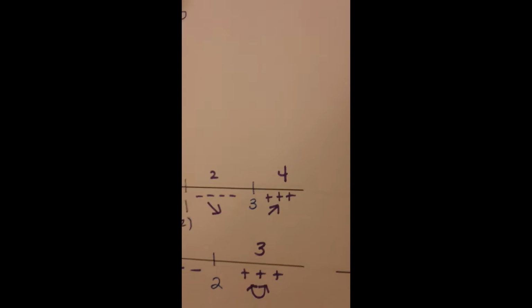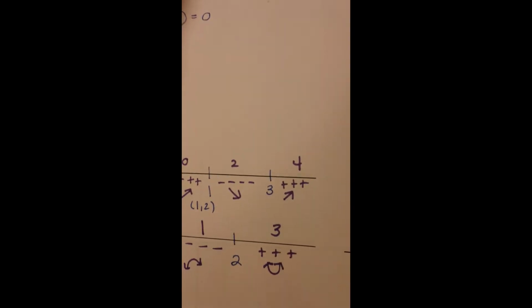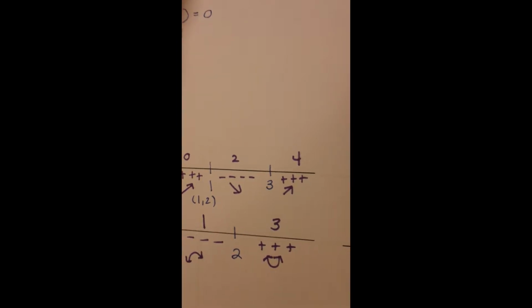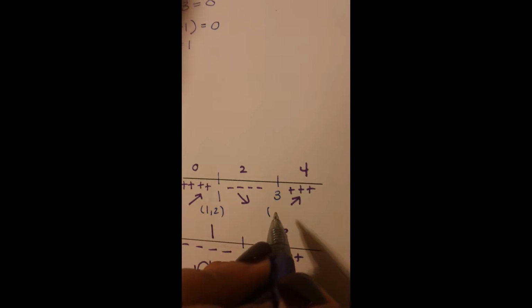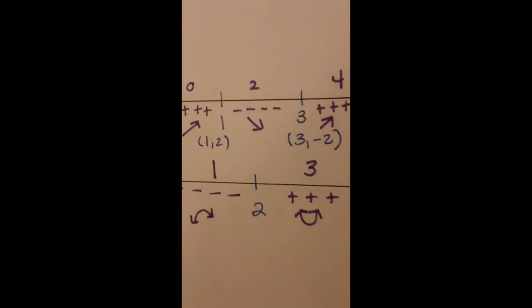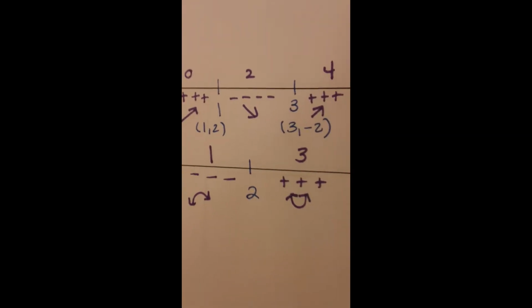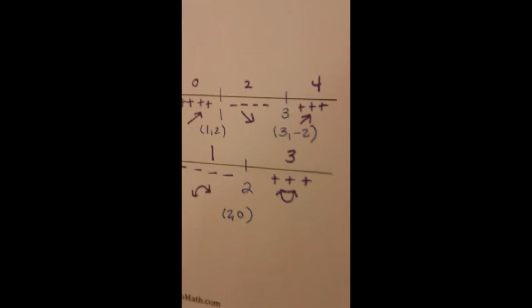If we look at the second part, we went from decreasing to increasing. We're going to have a minimum here. If we take 3 and plug it into the original equation, we get 3 and negative 2. If we take our POI, plug it into the original function, we end up with 2, 0.